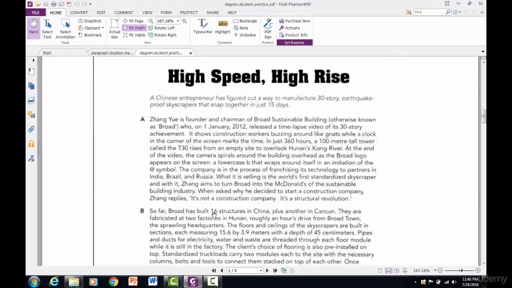Also this paragraph B is a good paragraph because it says, so far Broad has built 16 structures. So that tells me that this whole paragraph is discussing how something is built. And remember, I told you that if we had a diagram describing something being built, it was helpful to find a paragraph that discussed something being built. That was very, very helpful.